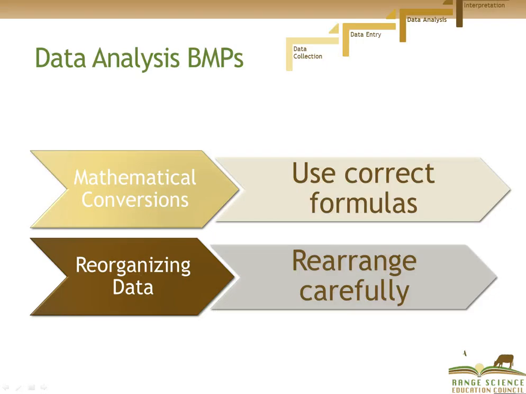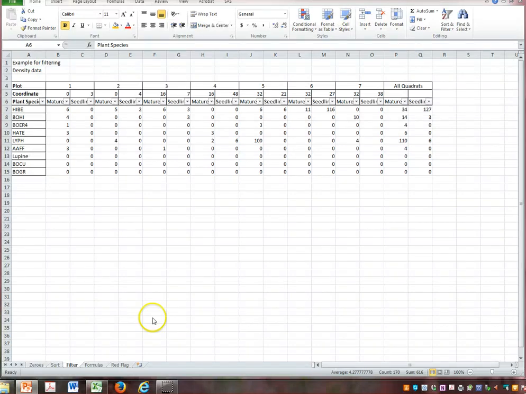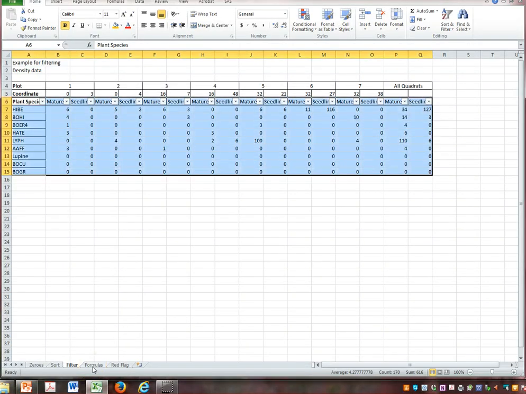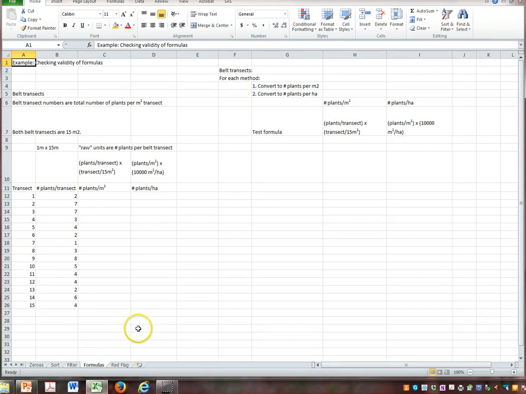Now when it comes to data analysis, there are also several practices that we can use to make sure that we are doing our analysis correctly. Sometimes we can make mistakes with mathematical conversions and also with when we sort or reorganize our data. And so again, we're going to go to our spreadsheet and look at a couple more examples.